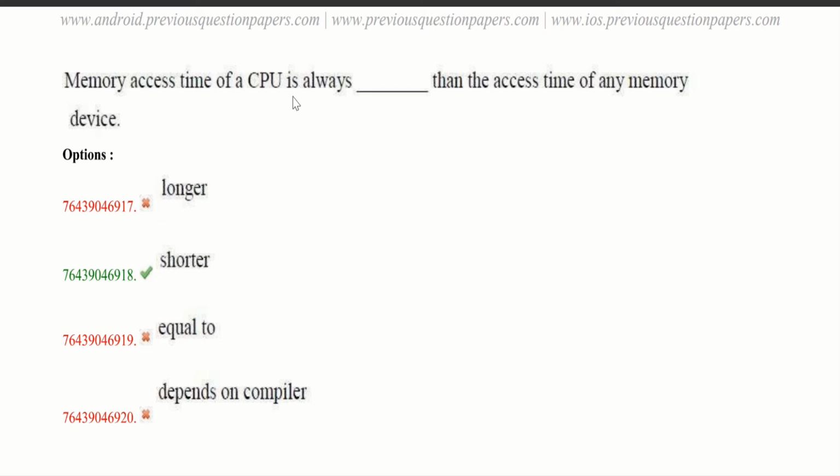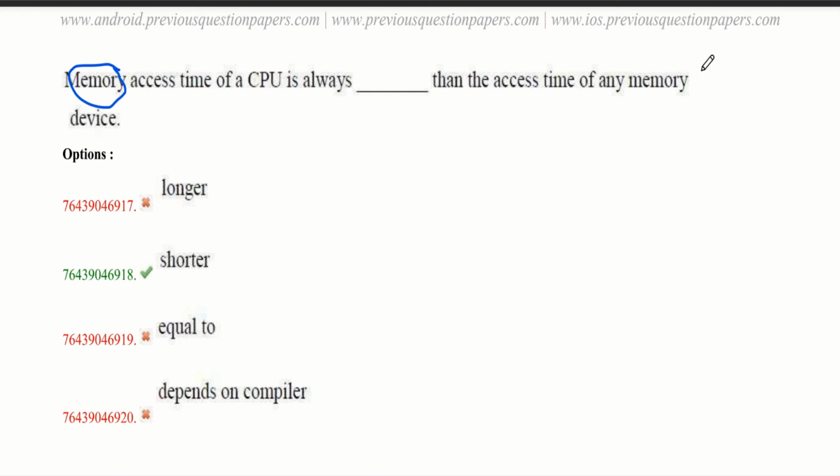Memory access time of CPU is always dash than the access time of any memory device. This question will be somewhat difficult to understand, but when you think about it in depth, it will be easy. Here this memory means RAM. RAM access time of CPU is always dash than the access time of any memory device.